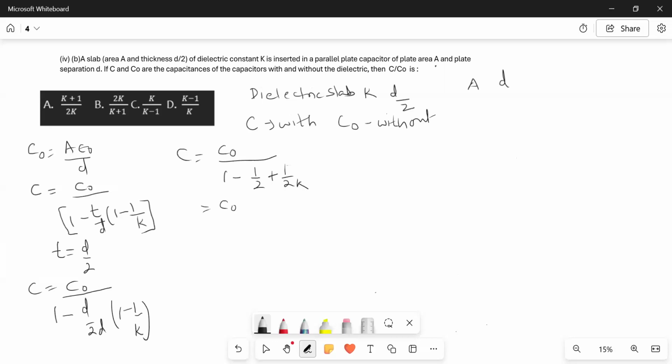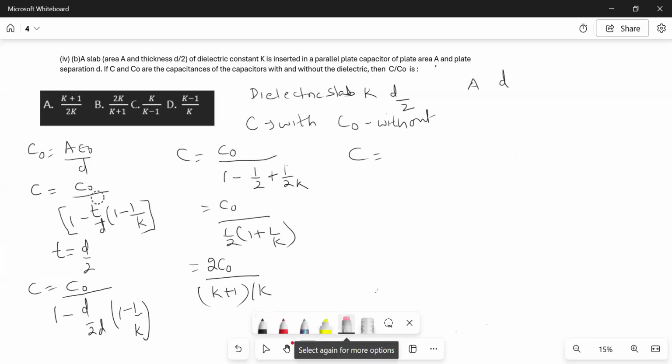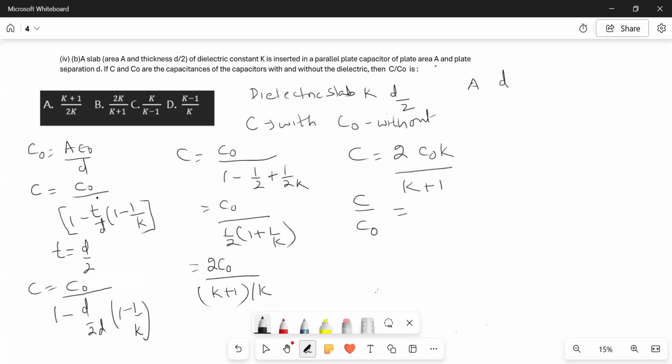Or this becomes C naught by half 1 plus 1 by K, or 2C naught K plus 1 by K, or C is equal to 2C naught K by K plus 1, or C by C naught is 2K by K plus 1. So the correct option is B.